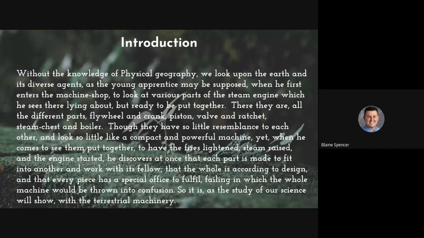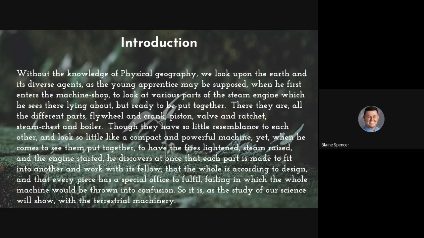Without the knowledge of physical geography, we look upon the earth and its diverse agents as a young apprentice may be supposed, when he first enters the machine shop, to look at various parts of the steam engine which he sees there lying about, but ready to be put together. There they are, all the different parts, flywheel and crank, piston, valve and ratchet, steam chest and boiler.